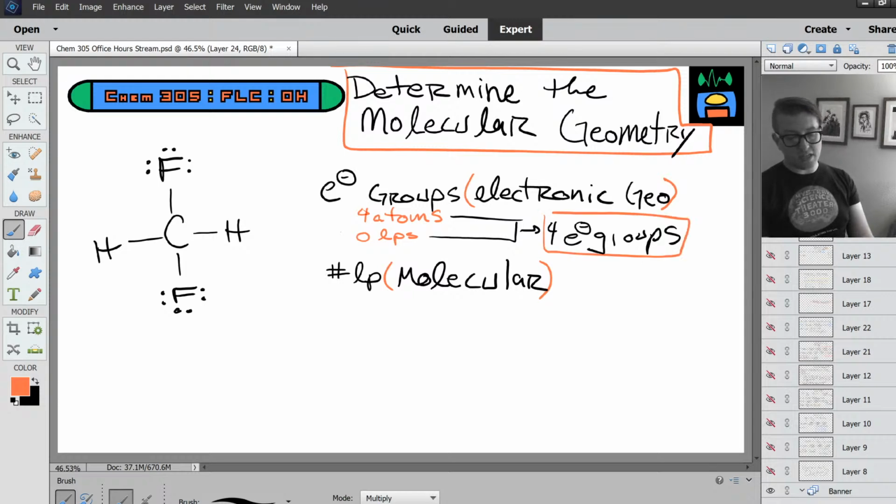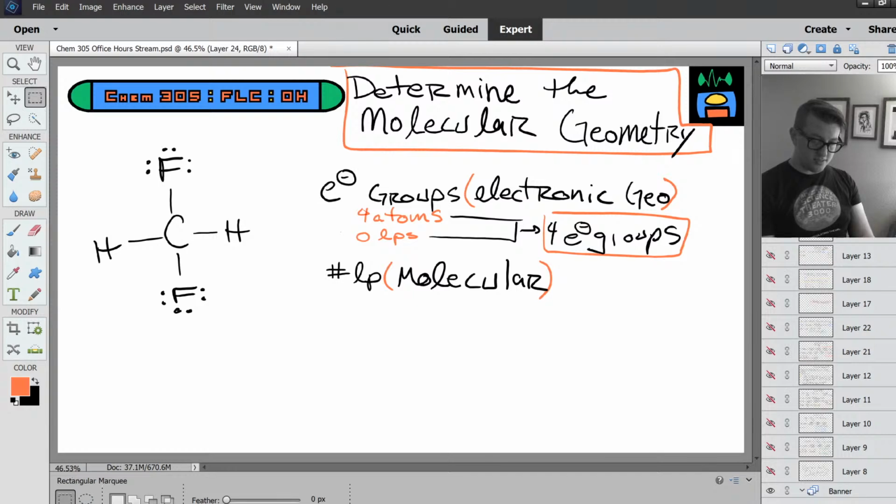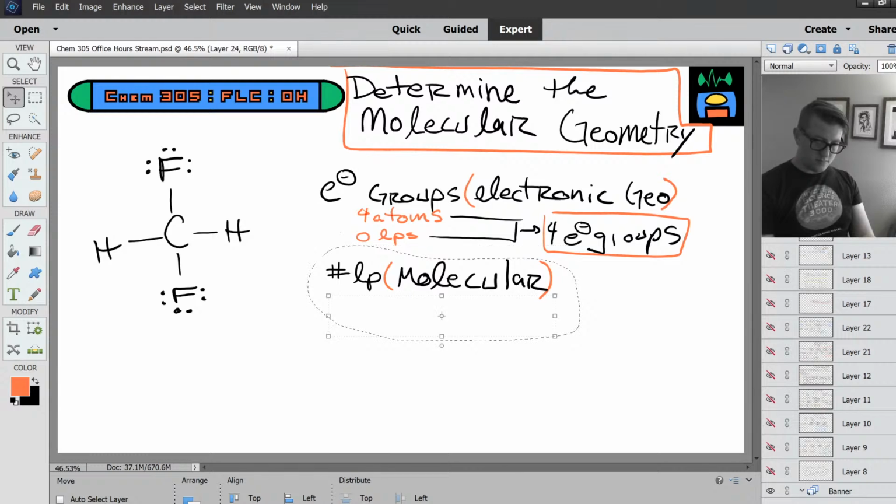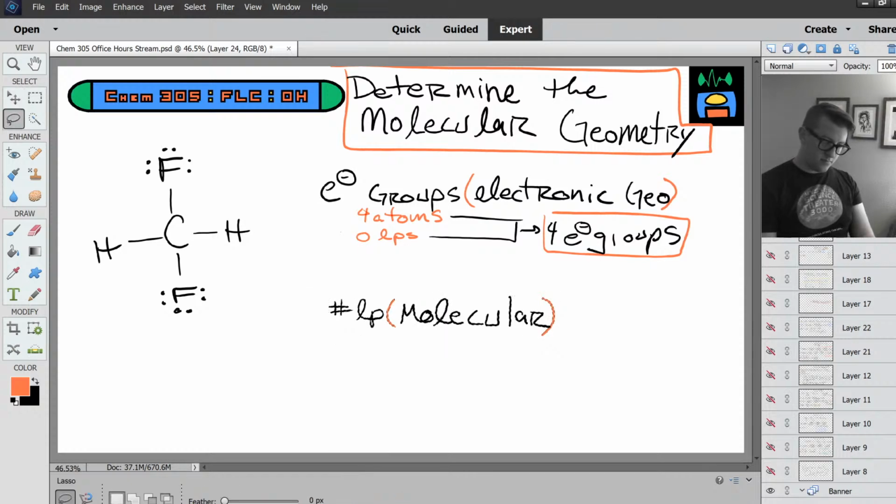Four electron groups makes your electronic geometry tetrahedral.